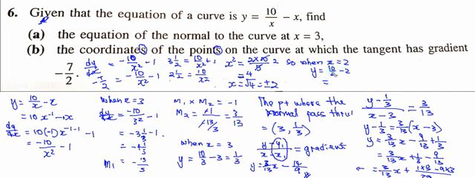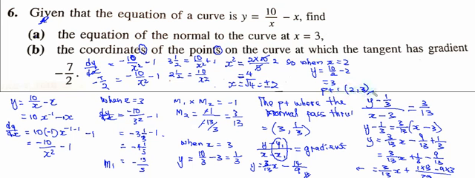So that gives you 10 over 2 is 5. 5 minus 2 is 3. Okay, so your answer for point 1 is actually (2, 3). That is the answer for the first point.